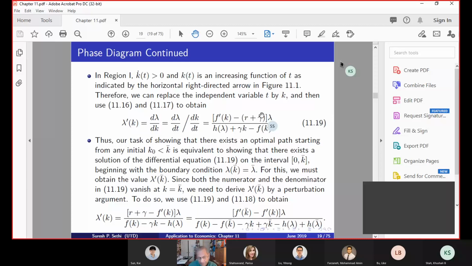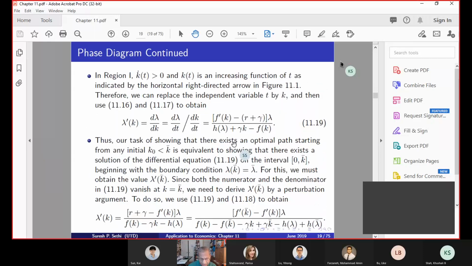If you write another paper and you use this, you can use this argument or you can just use the theorem. So for that, how lambda changes with respect to k, one way to do is d lambda dk, which you can find is d lambda dt over dk dt, which we know all of these. And so we can write this. So that's the first part. Then the problem is that this is 0 and this is 0 at this point.